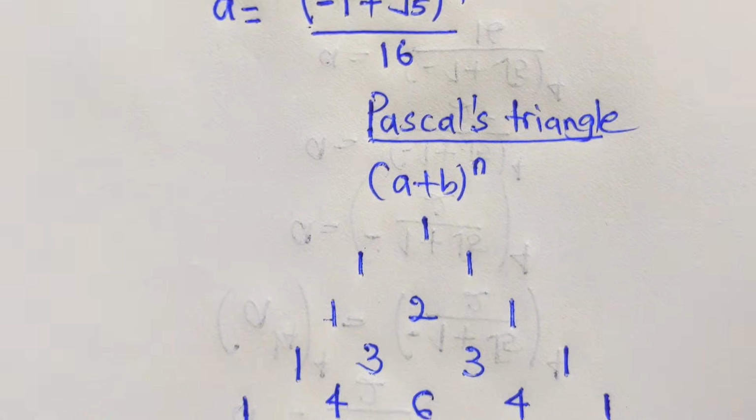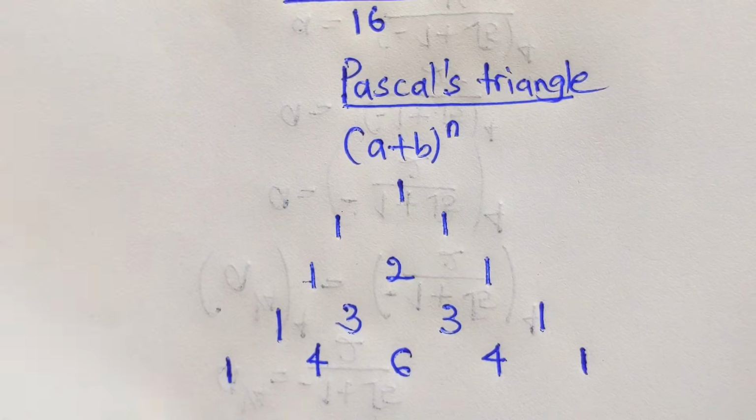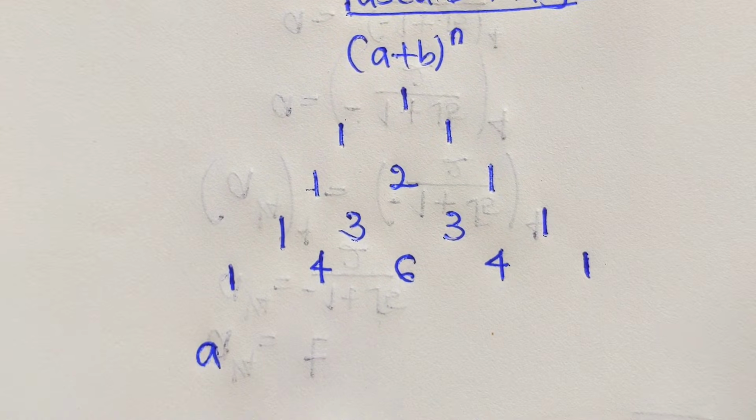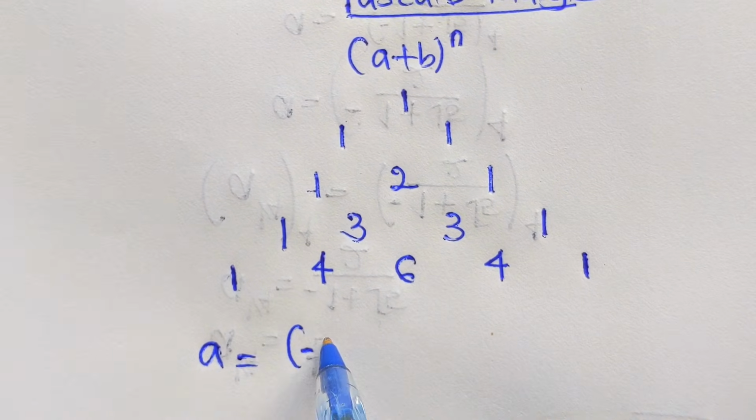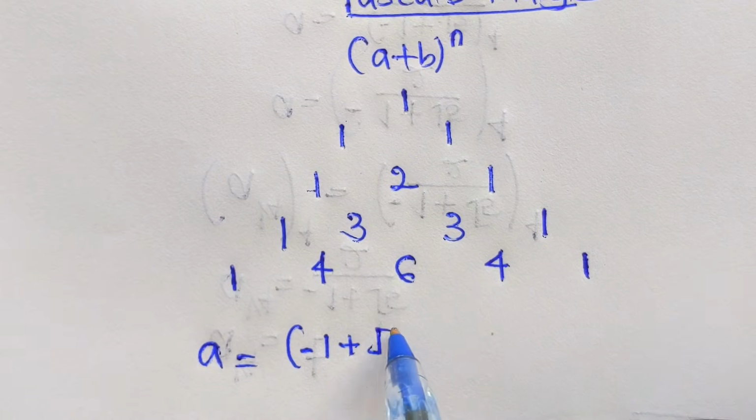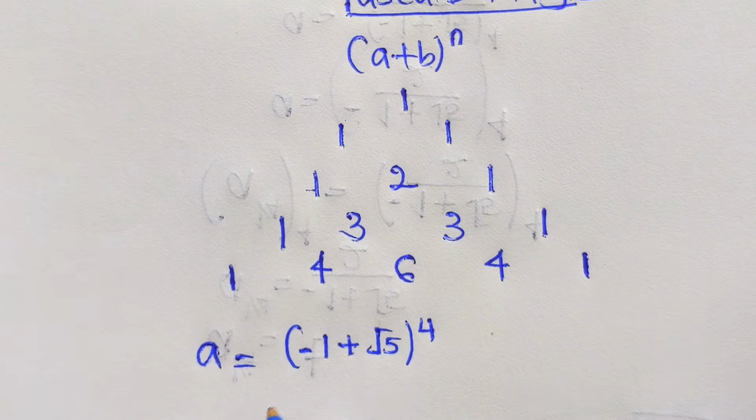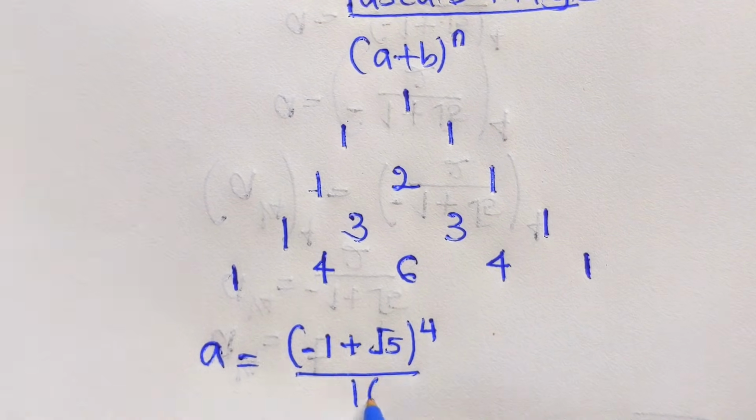And of course, we have a equals negative 1 plus square root of 5, then power 4 over 16.